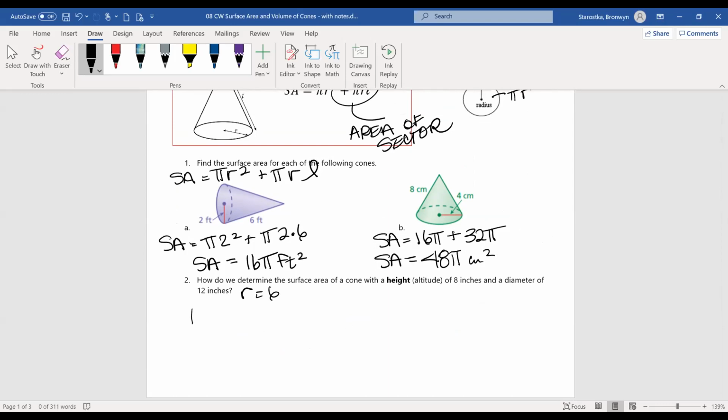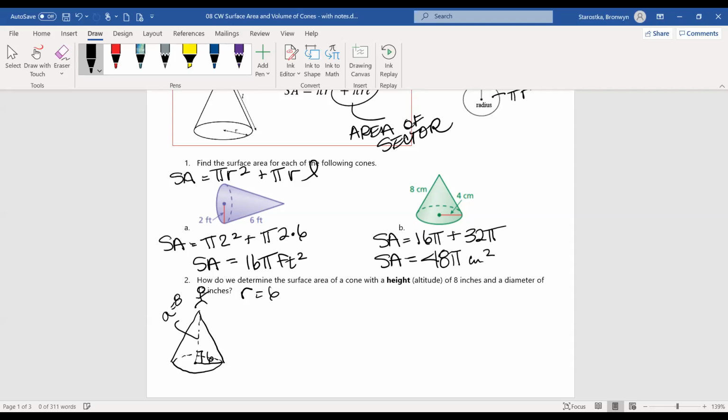All right, so here's my cone. Start with the cone before we put in the altitude. These are kind of fun to draw. I do a dashed here, and a solid here, and in the middle, I draw my radius. My radius is 6, and my altitude, A, is 8.